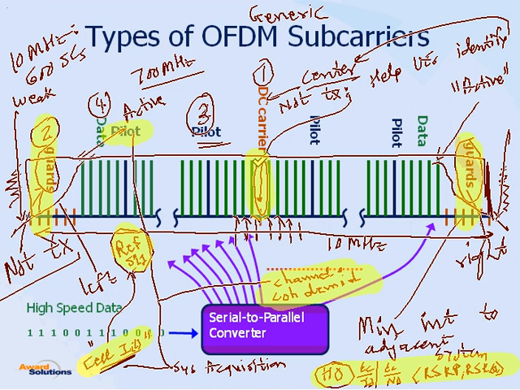Finally, we have so-called data subcarriers. Okay, so my slide is becoming very busy, but hopefully you can figure out where we are. Data. Okay, here we are, data. What do you think may be the use of data subcarrier? And once we are done with this, we will answer your question. Okay. So, data. What do you think may be the use of data subcarrier?